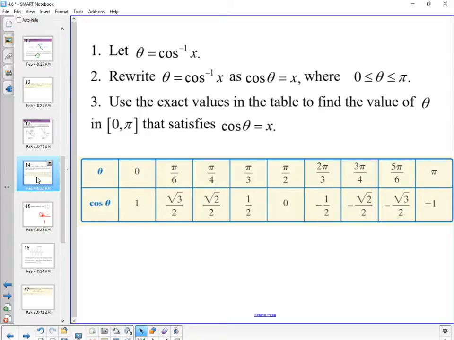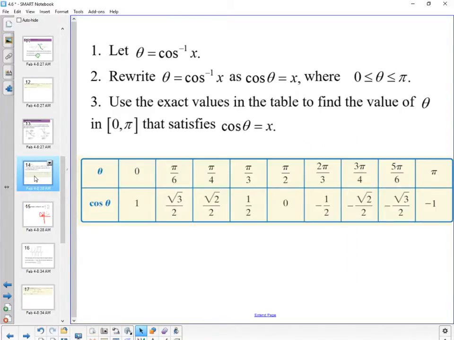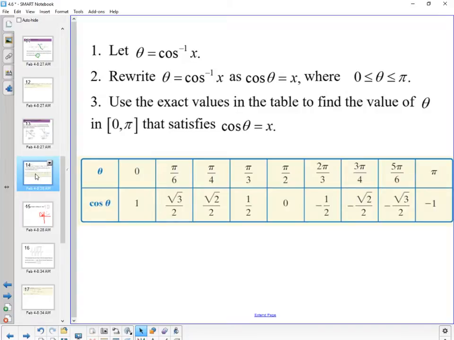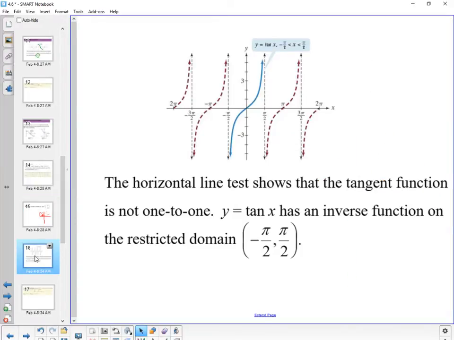Okay, my bad. Hold on. It's 2 pi thirds. 30, 30, 30. Okay. Alrighty. Alright, let's move on to the other one then.